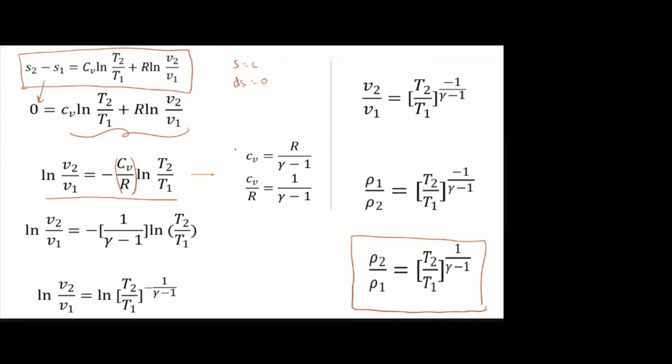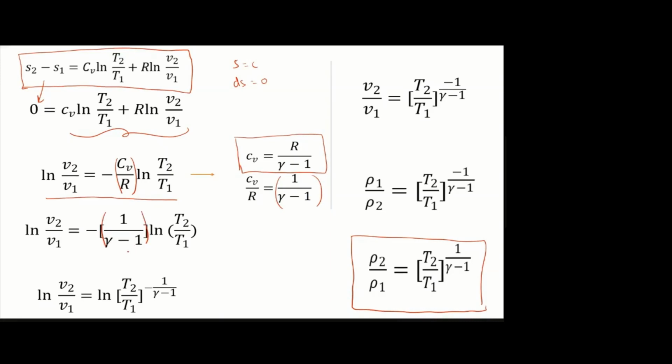I don't want this CV by R. I know CV, specific heat at constant volume, is equal to R divided by gamma minus 1. So CV by R I can write in terms of gamma as 1 divided by gamma minus 1. So substitute here instead of CV by R.